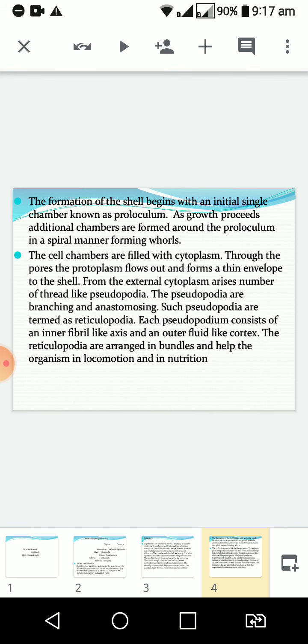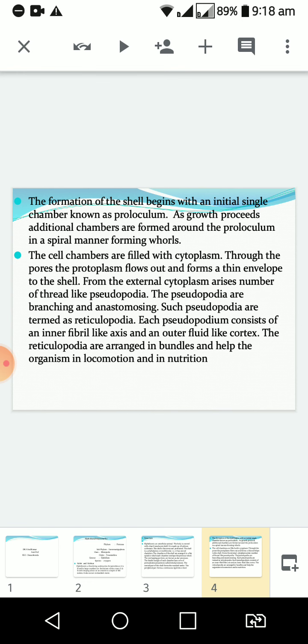Now the shell chambers are filled with cytoplasm. Through the pores the protoplasm flows out and forms a thin envelope around the shell.